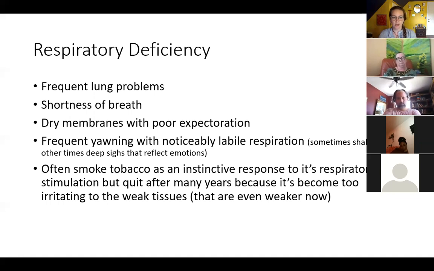So frequent yawning with noticeably labile respiration. That's sometimes shallow, sometimes fast, other times deep sighs. I like that he says deep sighs that reflect emotions, because there's something about never having your breath and never being able to process the breath. Breath is life, life is breath.